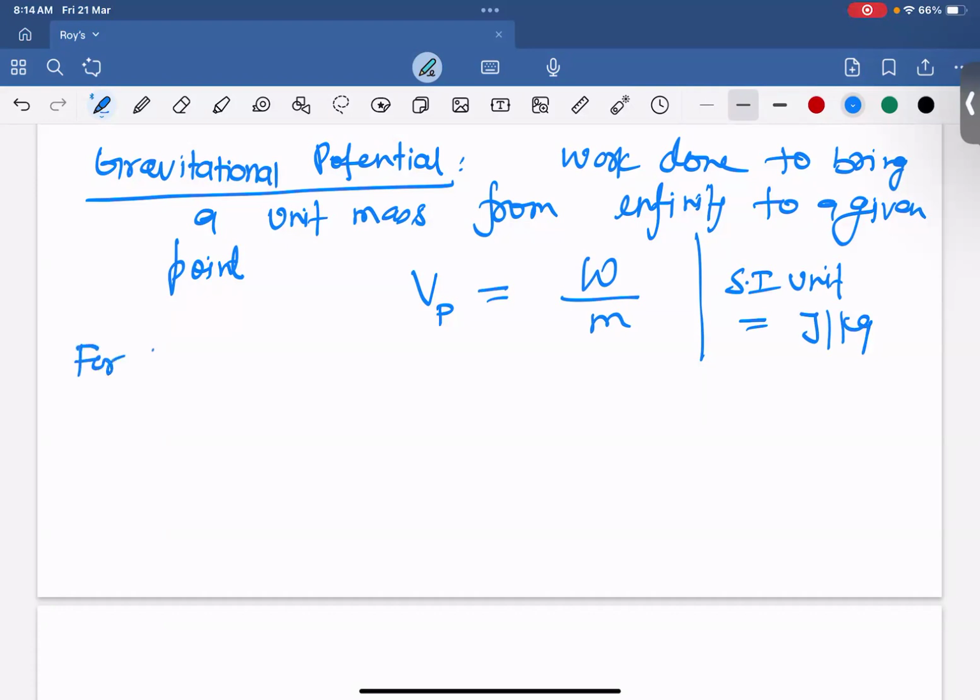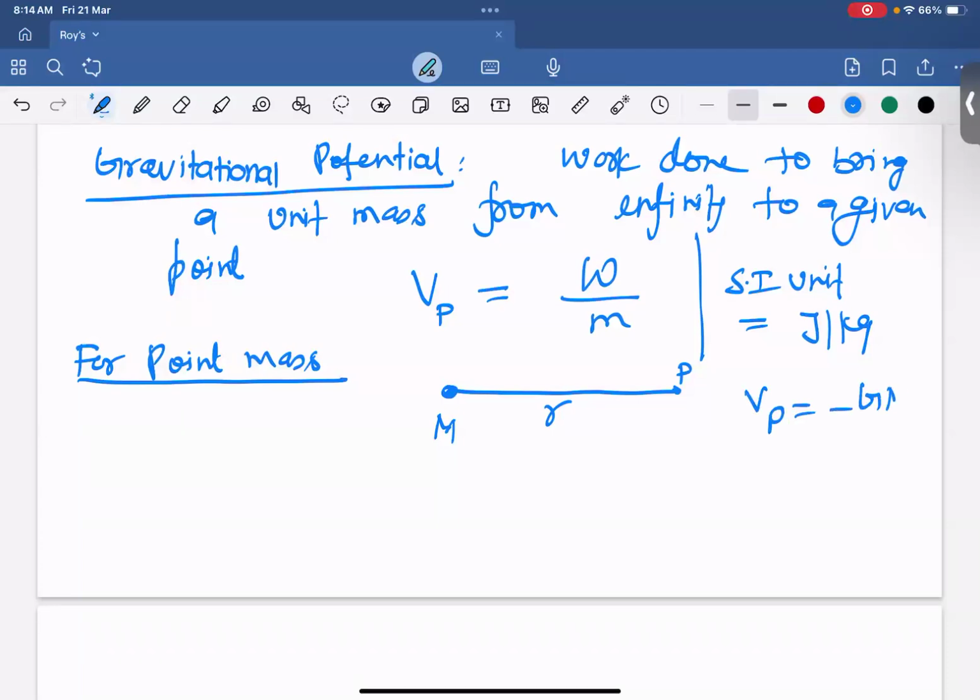If you have a point mass, like if I take a mass here as M and at some distance r a point P is there where we want to find the potential, then this potential, as work done is always negative, will always come negative: minus GM by r.